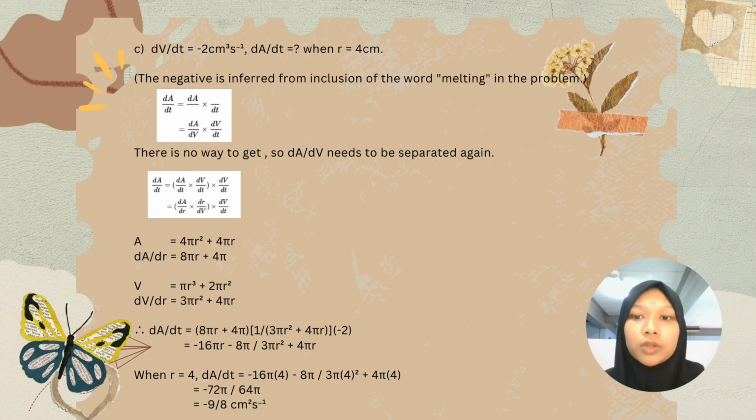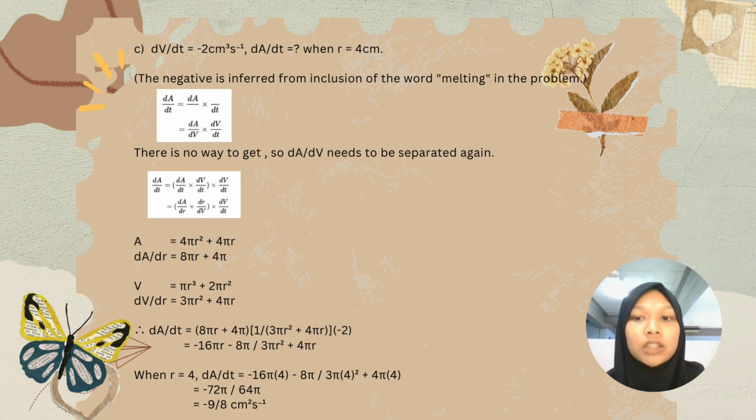From the answer of question A, it's 4 pi r squared plus 4 pi r. So we need to differentiate it with respect to r, which gives 8 pi r plus 4 pi. From the answer of question B, the volume is pi r cubed plus 2 pi r squared.